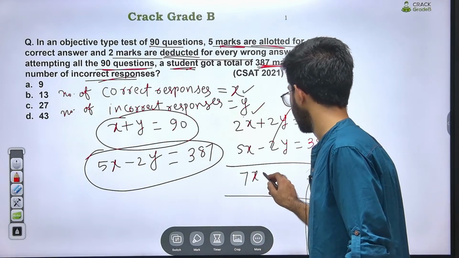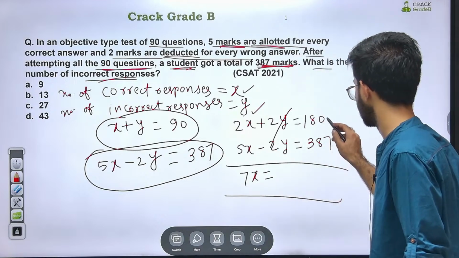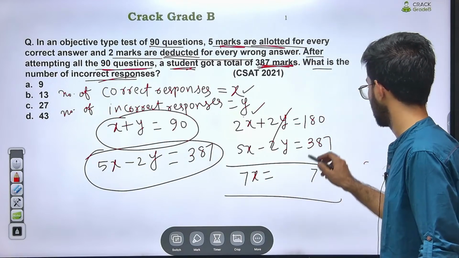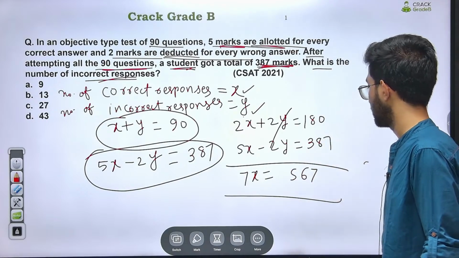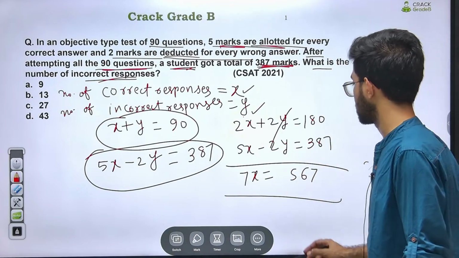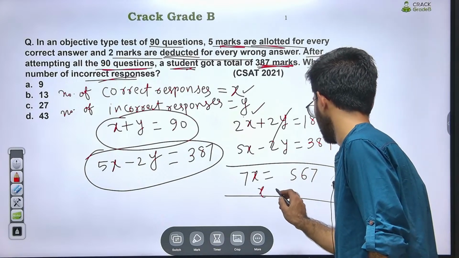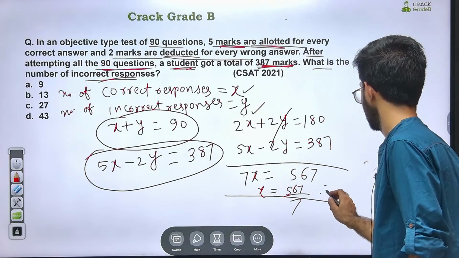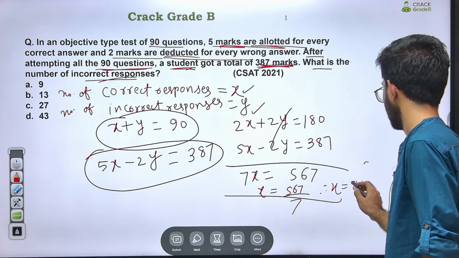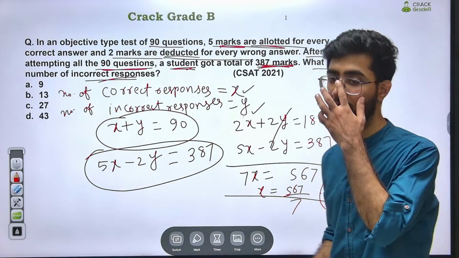So 2x plus 5x is equal to 7x. 0 and 7 will be 7. 8 and 8 will be 16. 1, 3, 4 plus 1 is 5. So 7x equals 567. If you solve it further, x equals 567 by 7. So x equals 81. The value of x is equal to 81.